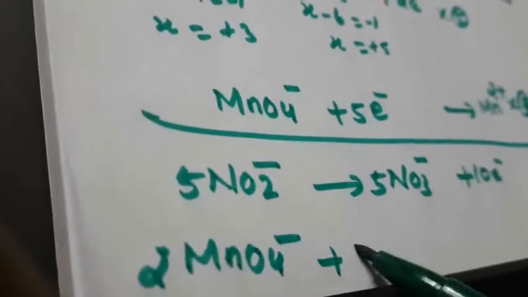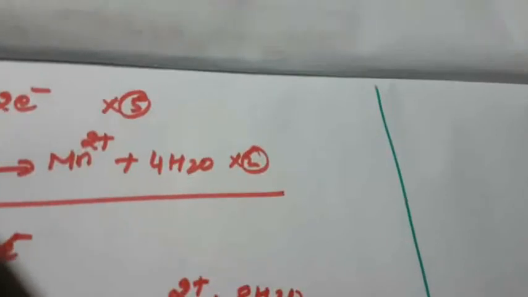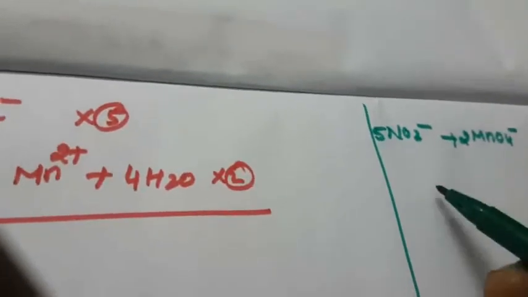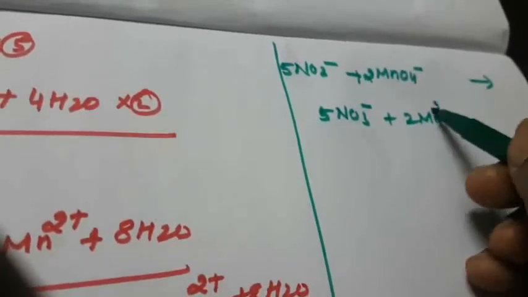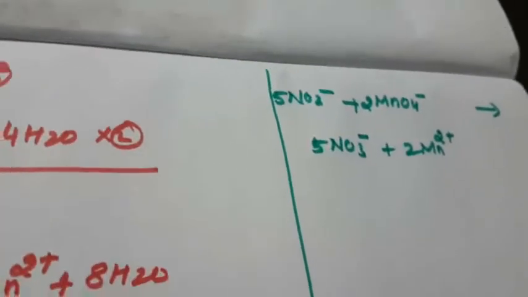Here, 2 MnO4 minus plus 10 electrons gives 2 Mn2 plus. Cancel the 10 electrons on both sides. What is the answer? It is 5 NO2 minus plus 2 MnO4 minus gives 5 NO3 minus plus 2 Mn2 plus.